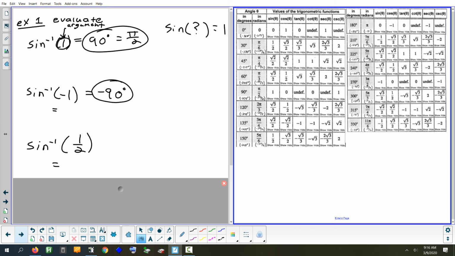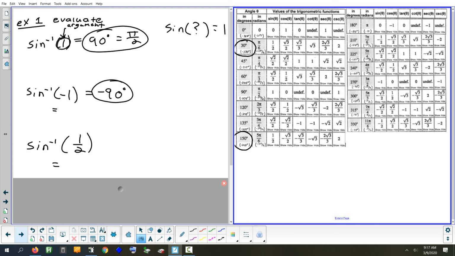Now, this one you're going to find 1/2 in 2 different rows. Anybody tell me what's the first row that you see 1/2 in the sine column? 30. Yep, so Kyle said we've got it in the 30 row. So we got that. What's the other row that we see it in? Yep, Sarah. 150.